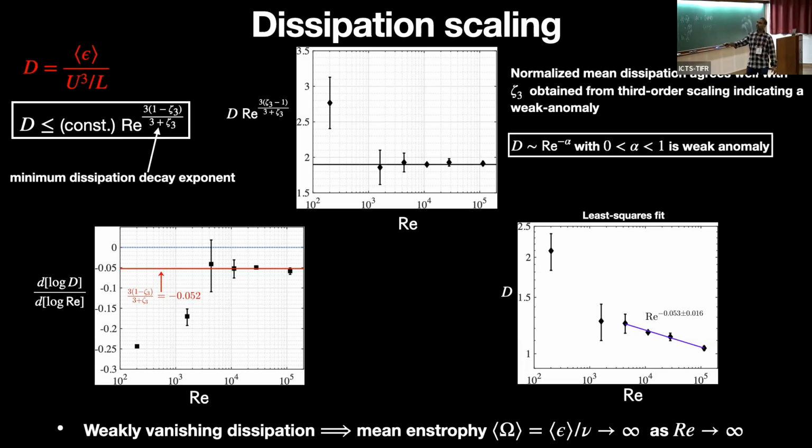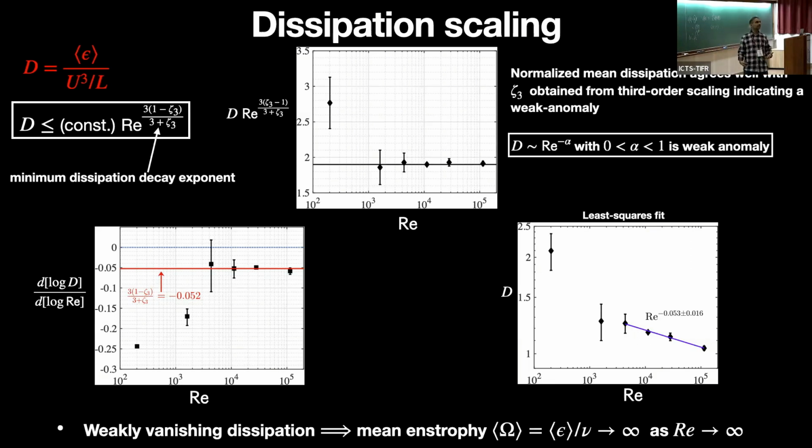And you see that this data, except for the two smallest Reynolds number data, fall on this red line, which is close to minus 0.05. And if you do a least squares fit, again, I'm only fitting for all data excluding the last two, because the local slopes tell me that the scaling is really at the higher Reynolds numbers.